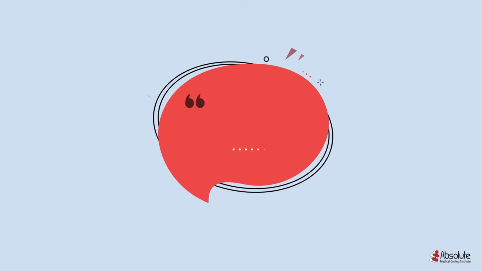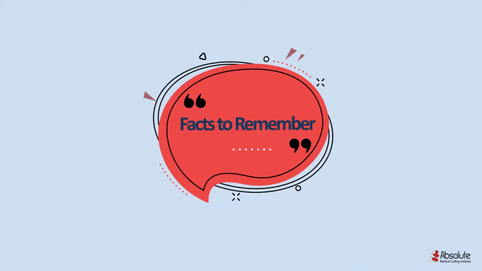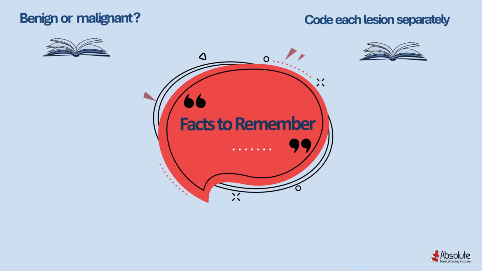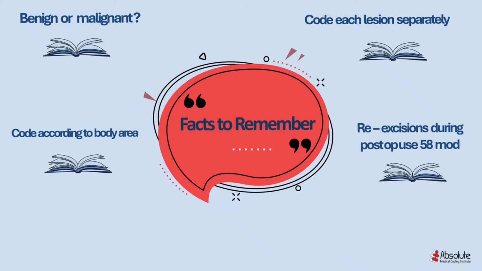So let's have a look into the facts to remember for the excision of lesion procedure. Number one, you have to verify whether the lesion excised is benign or malignant. Next, code for each lesion separately. Third point, code according to your body area.